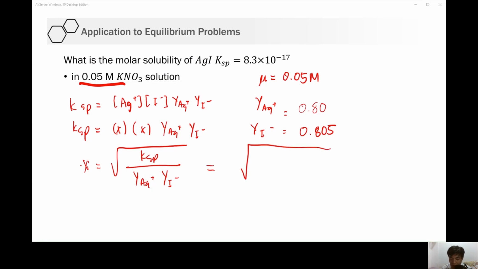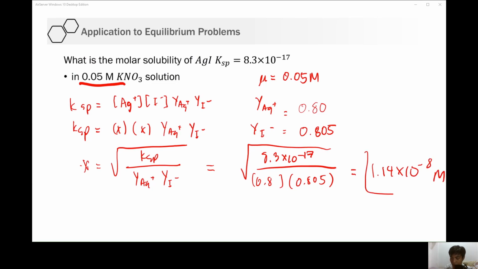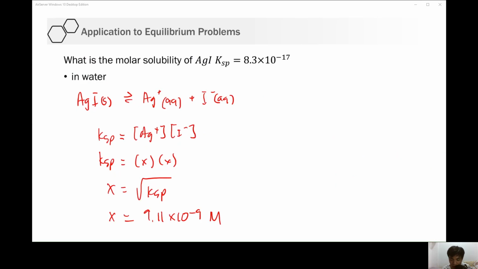It will be the square root of 8.3 times 10 raised to -17 divided by 0.8 times 0.805. And we get the molar solubility of our precipitate in potassium nitrate solution, which would be 1.14 times 10 raised to -8 molar. Let's compare the molar solubility of our precipitate in diverse ion solution and in water alone.